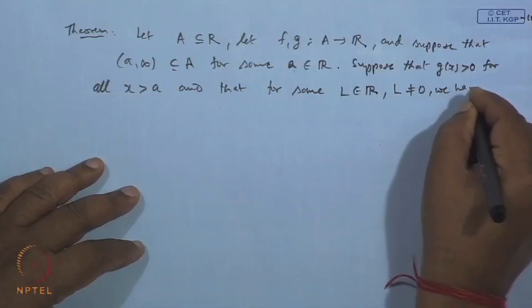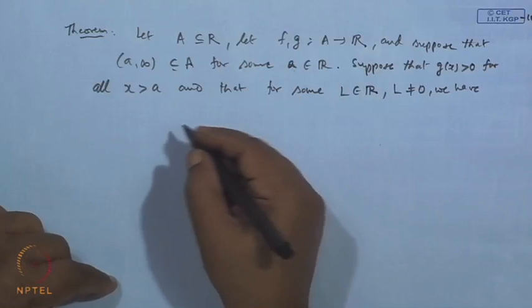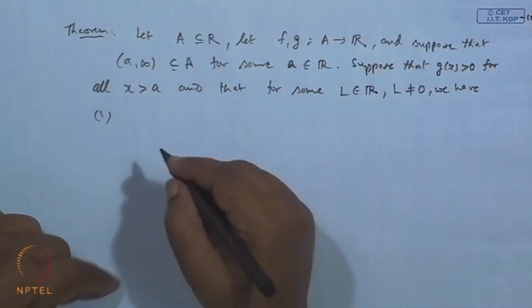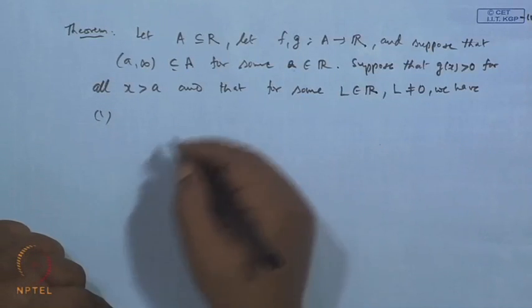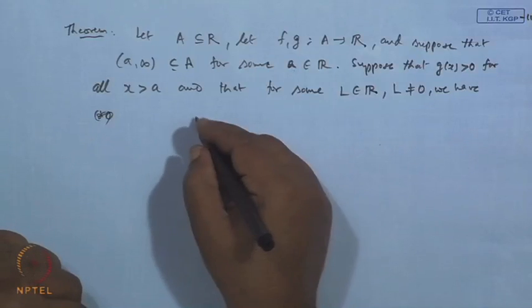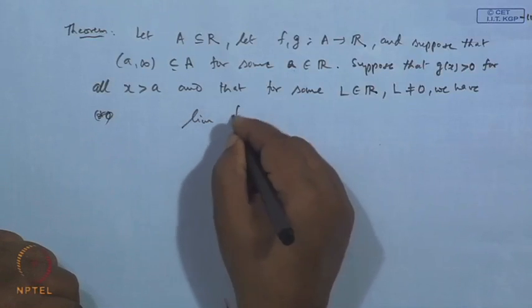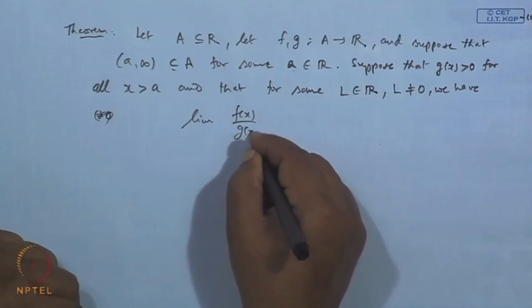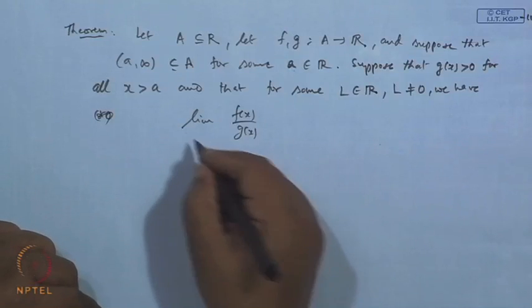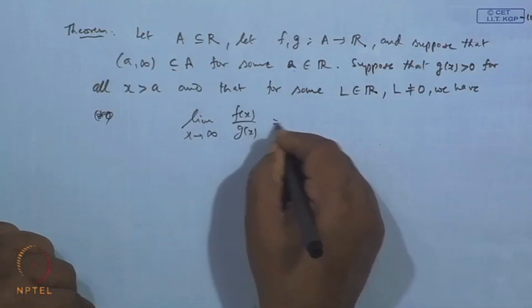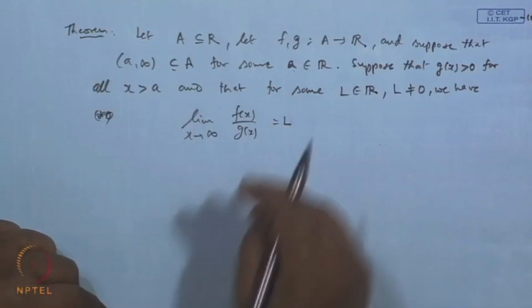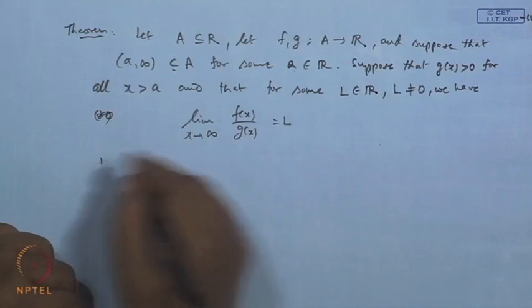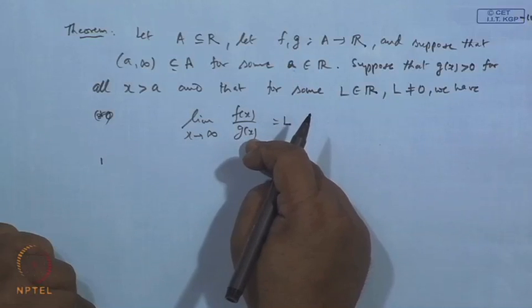We have, first, the limit of f(x) by g(x) when x tends to infinity is, say, L. Depending on L we can identify the limit for f and g.